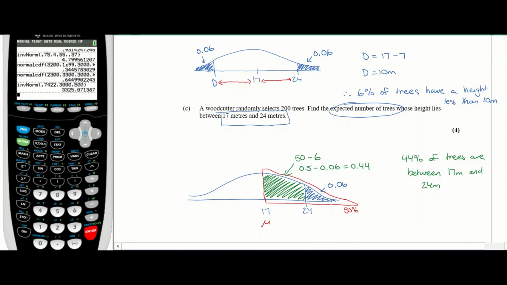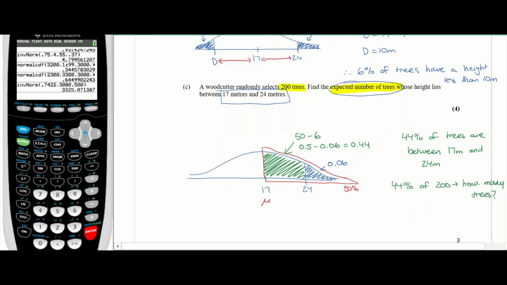But it wasn't asking us for the percentage, it's asking us for the expected number. So if we have 200 trees and 44% of them are between 17 and 24, then we need to know what is 44% of 200. How many trees is this? So to do that, we simply multiply.